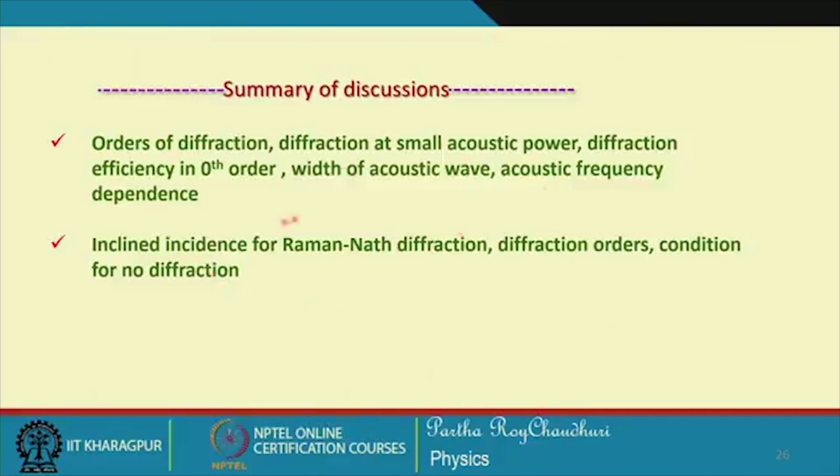We also studied a very beautiful case of this oblique incidence of Raman-Nath diffraction, where even though there is an acoustic wave, there is still a situation when the light wave will see no grating and it will pass through the medium without any diffraction. Thank you very much.